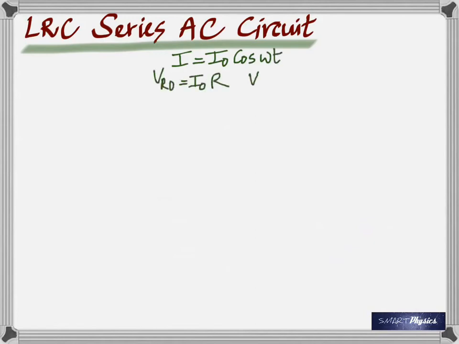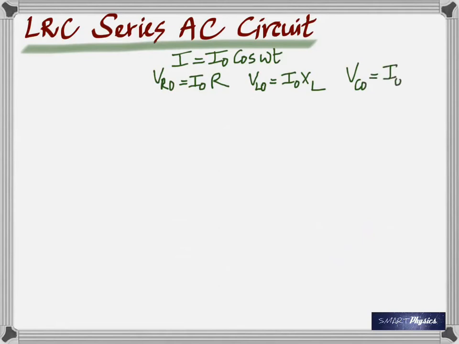The voltage across the resistance. Wait, why is it V R naught? The maximum voltage across the resistance is I naught times R, because I naught is the maximum, according to your text. Across the inductance, the maximum voltage would be I naught times XL.